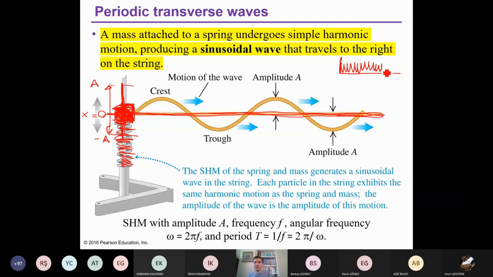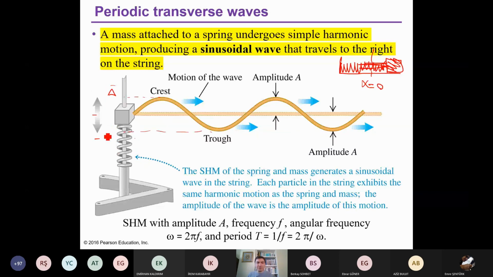The same one, but vertical. So it is moving up and down. We have the same system here on the left side. And if this mass is moving up and down, this attached string will also move up and down. So this part of this string will move up and down, and then this will produce a wave in the string.